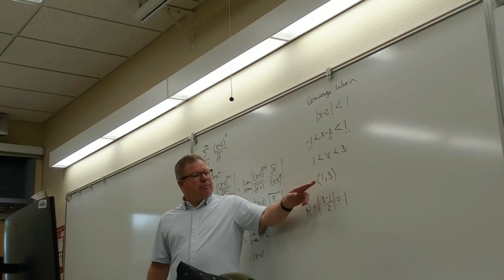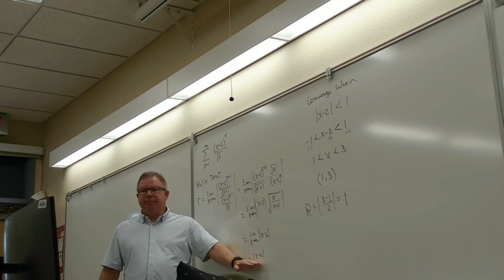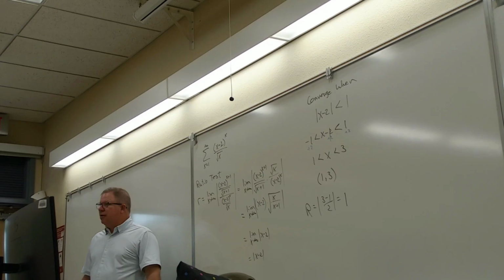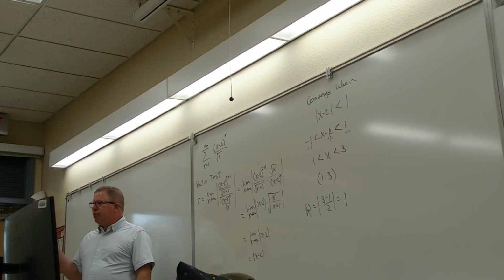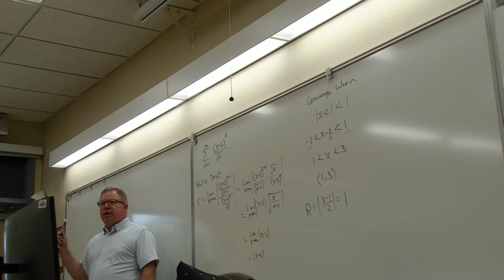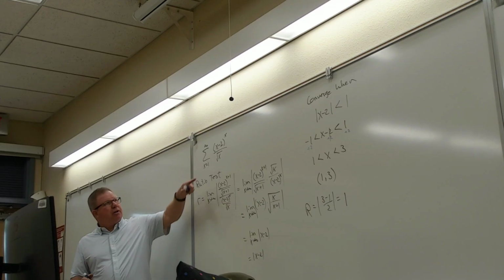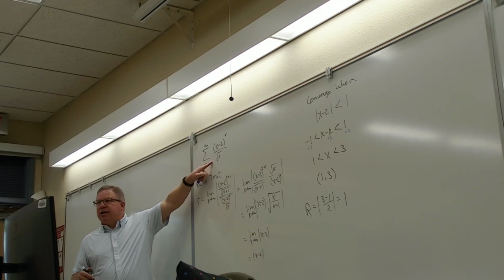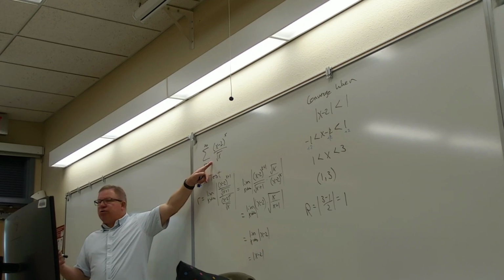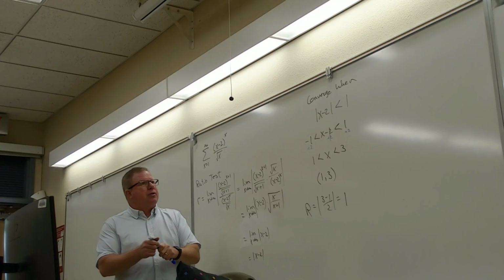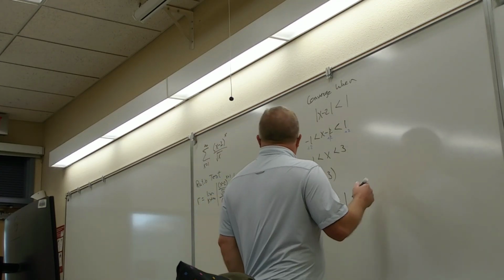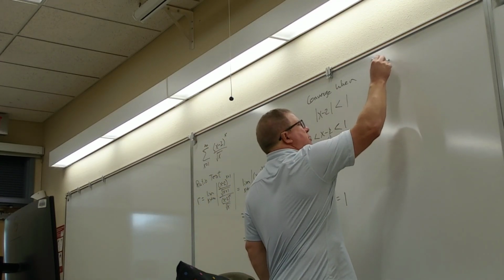So either of these endpoints make the limit for the ratio test 1. And the ratio test is inconclusive at 1. So now we have to plug in our endpoints here and run a chapter 10 test to determine if it converges or diverges. All right? So endpoints.